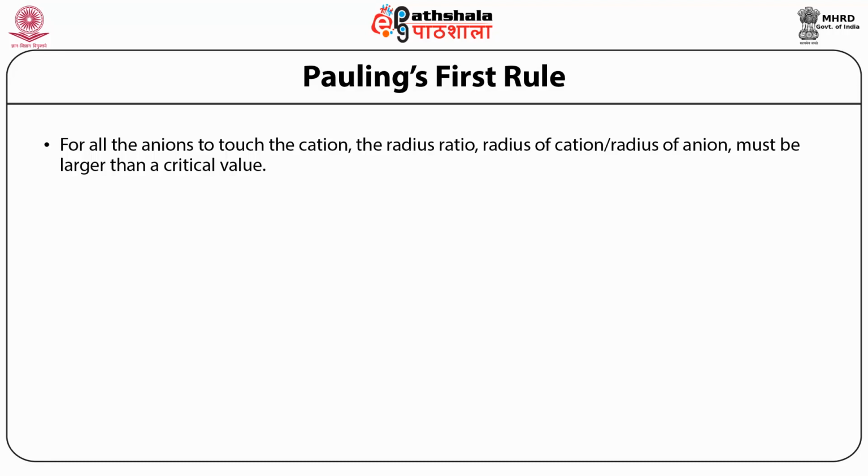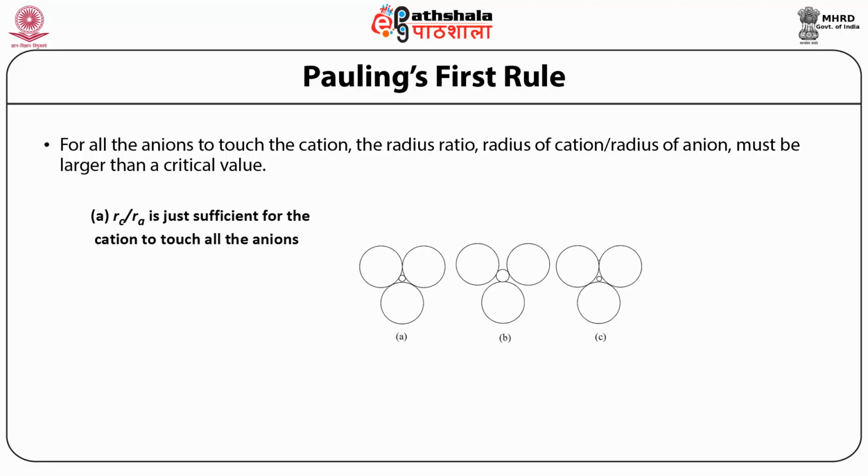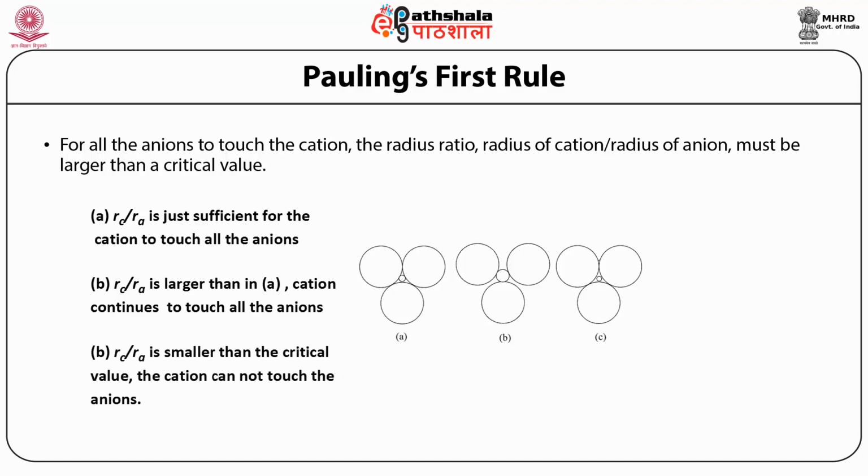In figure A, Rc by Ra is just sufficient for the cation to touch all the anions. In figure B, Rc by Ra is larger than that in case A, where the cation continues to touch all the anions. In case C, Rc by Ra is smaller than the critical value and the cation cannot touch the anions.